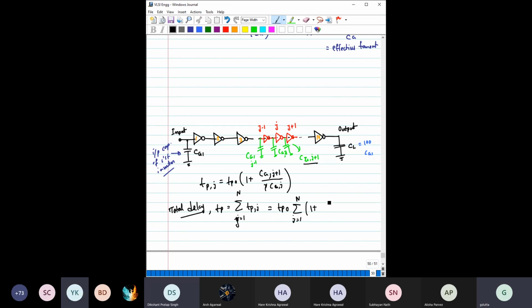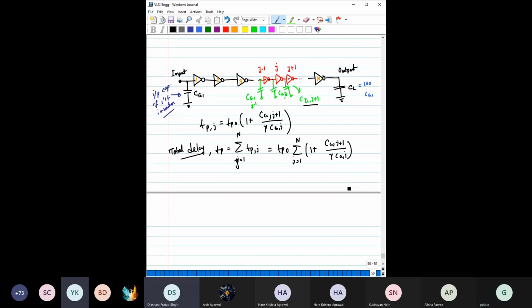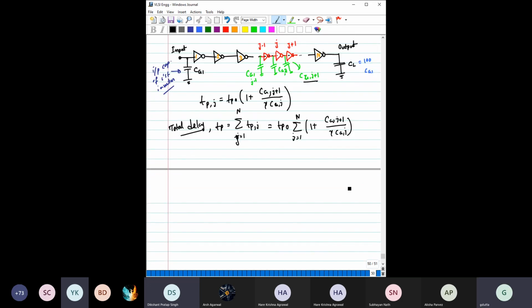Now this 1 plus Cgj plus 1 and gamma Cgj, right? Is this part clear to you? I think there is nothing difficult, so it should be clear to you, right?